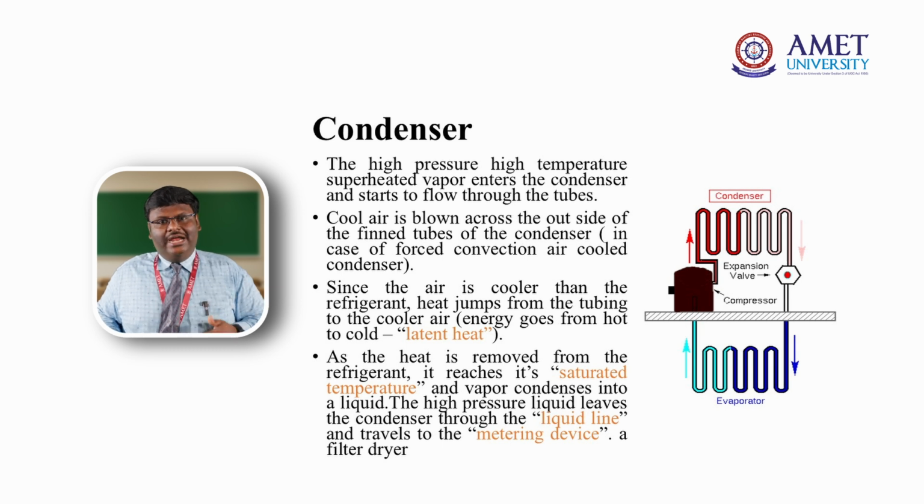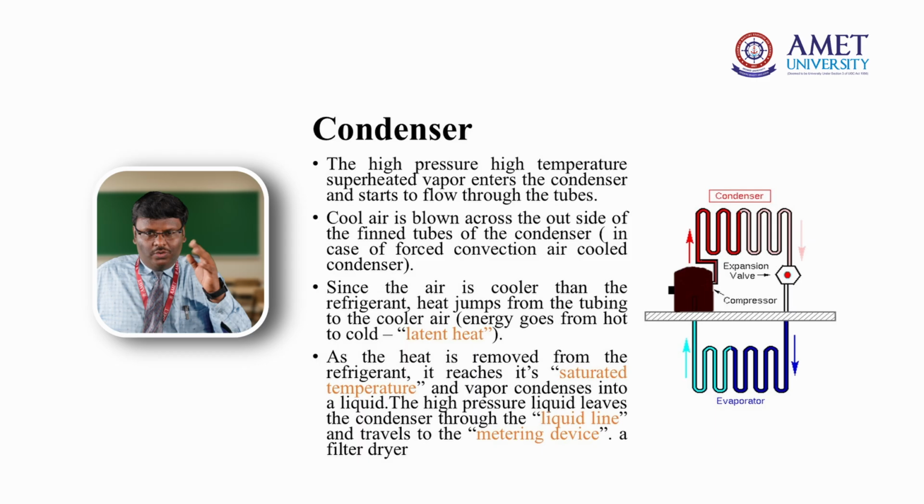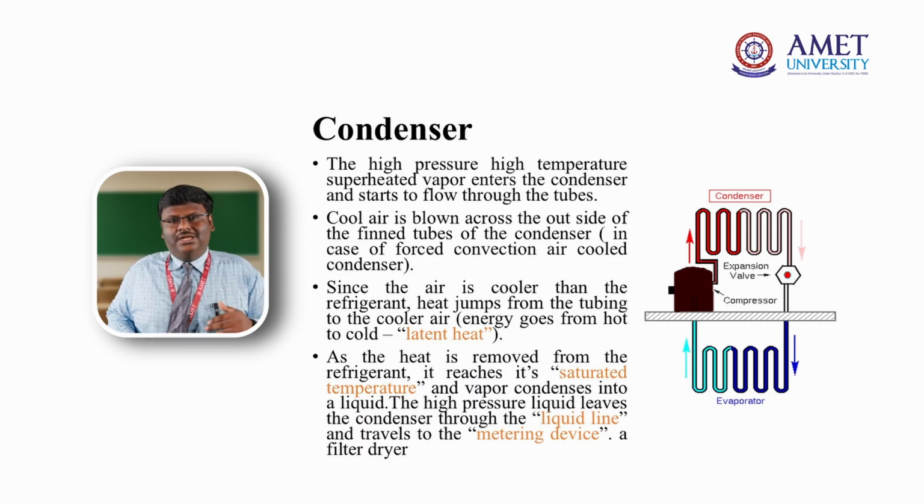So the high pressure, high temperature superheated vapor enters the condenser, and as a result of the cooling medium, the vapor condenses into liquid. But there is no significant variation in pressure, because the tube area is the same. Pressure is force acting per unit area, so either you have to vary the force or you have to vary the area.